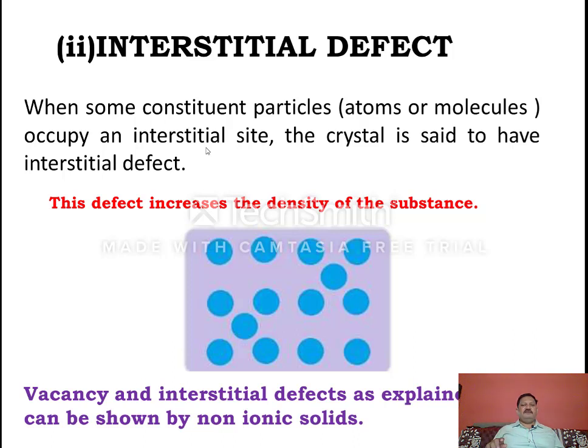Because of the presence of the extra atom in the interstitial sites, it is going to disturb the lattice structure, and we can refer to this as a defect. So because of the presence of the extra atom in the crystal lattice, the adverse effect of this defect on the property of the material is that the density of the substance increases.